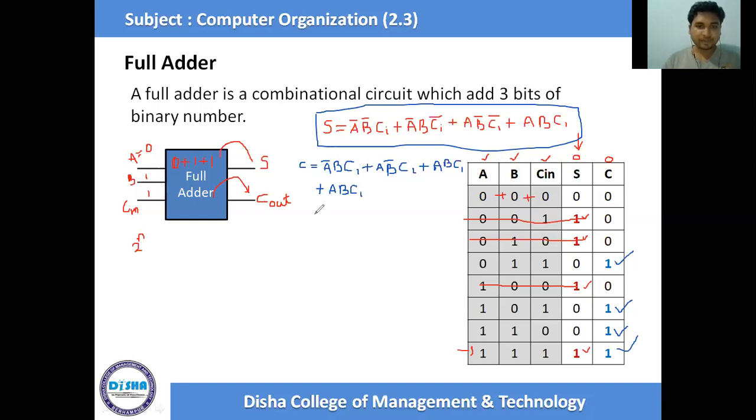So we can simplify this equation. Okay, it is not simplified, it can be simplified. After simplification, it is A C in plus AB plus BC.